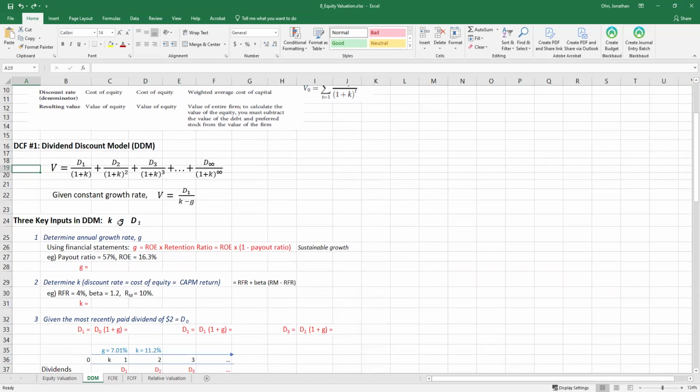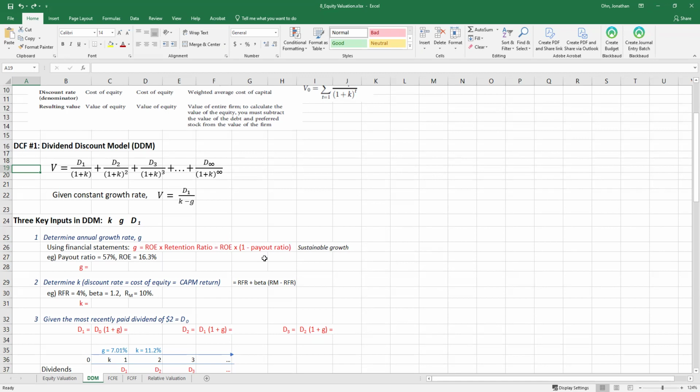The first one is growth rate. There are different versions of growth rate. One popular, widely used approach will be the financial statement based growth rate, estimating growth rate based on financial statement. So growth rate is equal to return on equity times retention ratio, right? The retention ratio is 1 minus payout ratio.